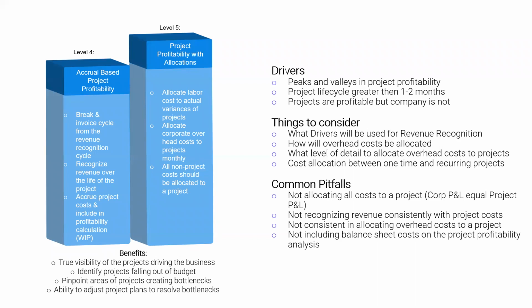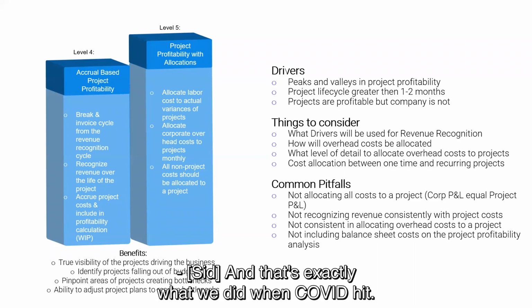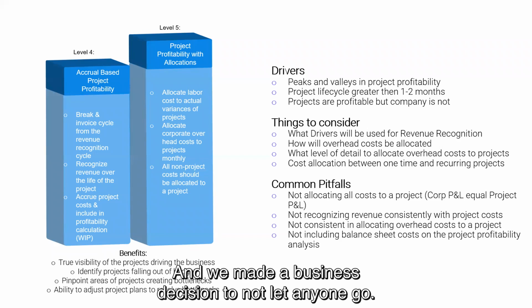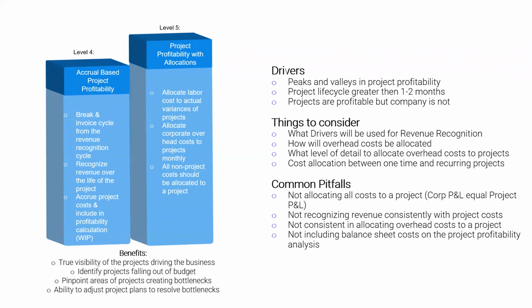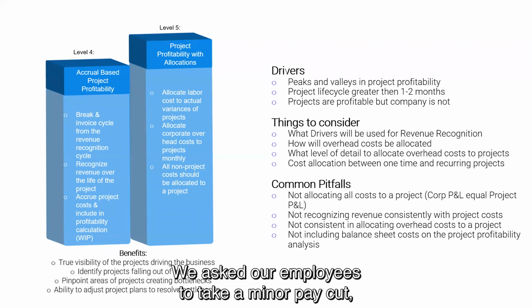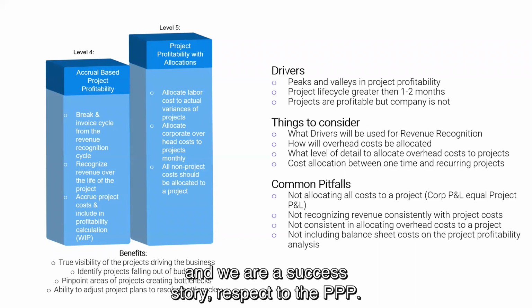in the process. And that's exactly what we did when COVID hit. And we made a business decision to not let anyone go. We made some small changes in our costs. We asked our employees to take a minor pay cut, and we are a success story in respect to the PPP.